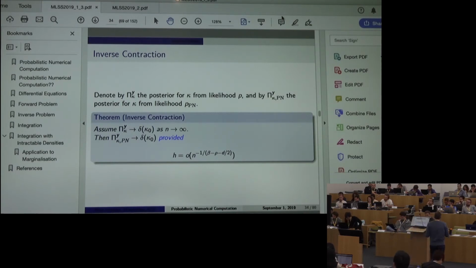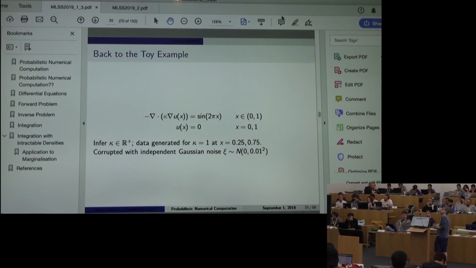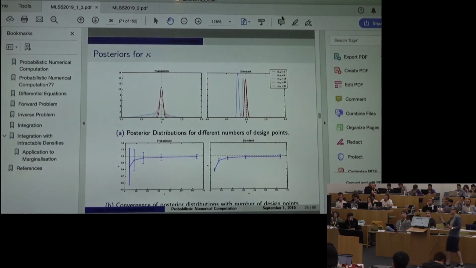So we can see that pi of kappa given y is contracting to this Dirac on the actual generating value, which is kappa equals 1. So you can see the consistency as n increases, right?